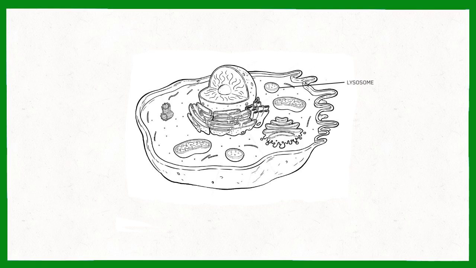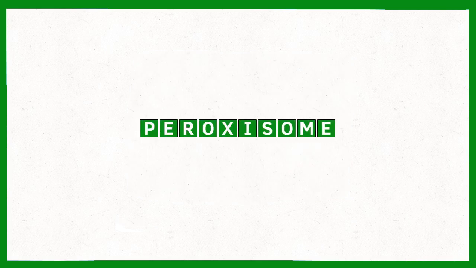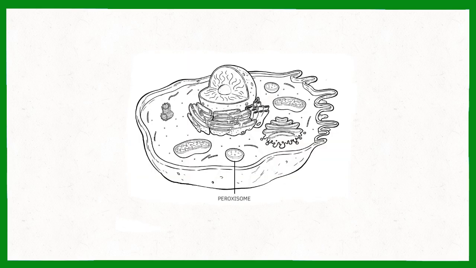The pouches are made up of unit membrane which contain hydrolytic enzymes. Peroxisome. Peroxisomes, like lysosomes, are membrane-bound spherical bodies that contain enzymes. But instead of hydrolases, they contain oxidases and catalases. Peroxisomes resemble lysosomes morphologically, and it's difficult to differentiate one from another even under the microscope.